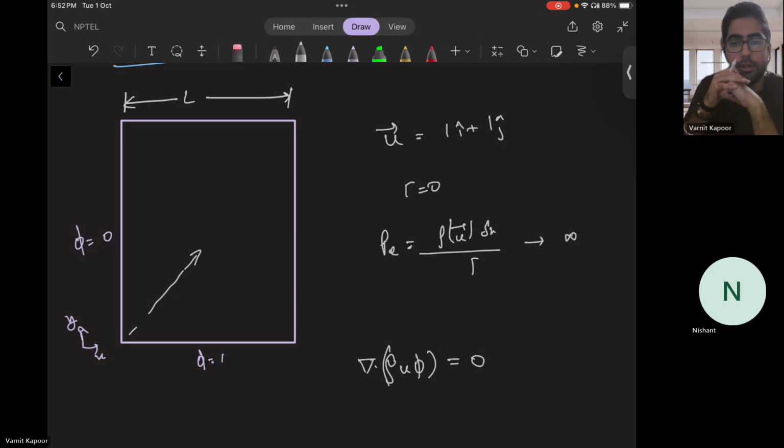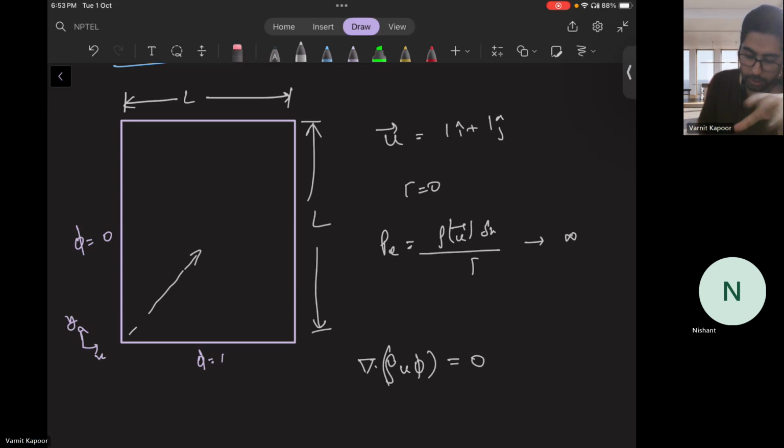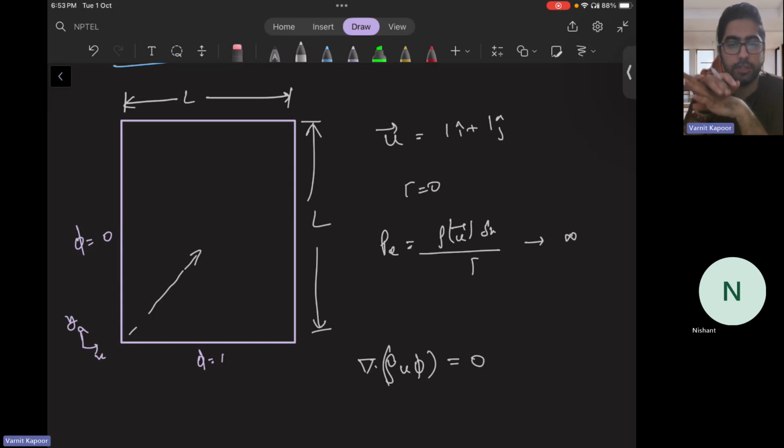Right? So theta is 45. This is the flow field. It goes away and leaves the domain. So we are considering a square domain of L by L dimension. So this is also L. No diffusion is there, but we are interested in how the scalar gets transported.